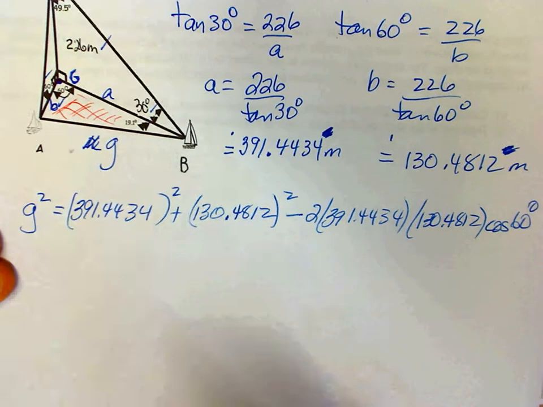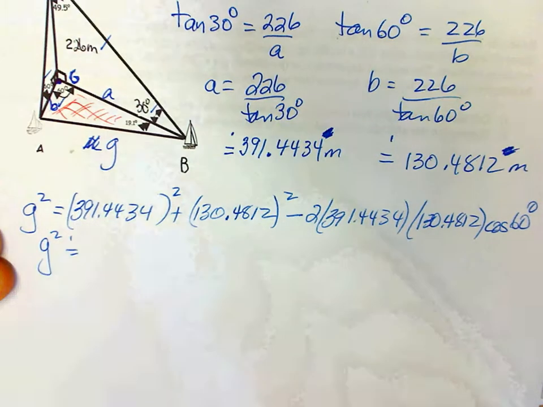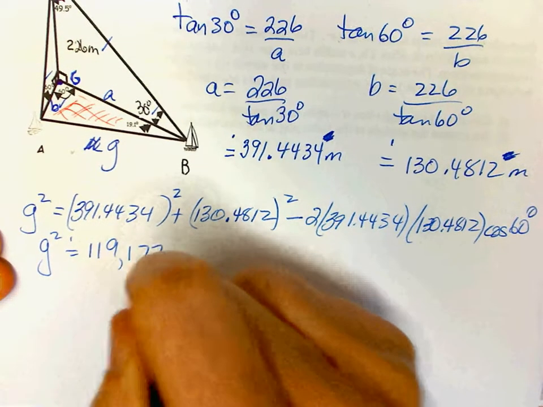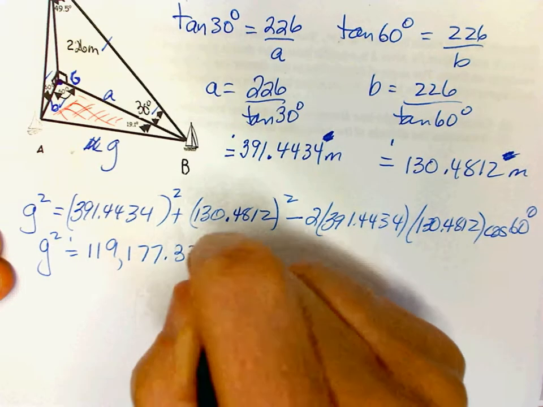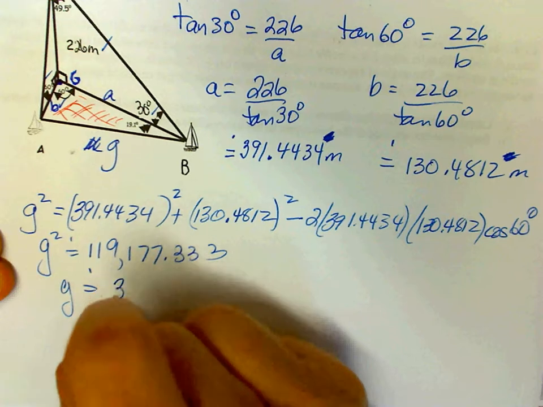And G squared is approximately equal to 119,177.333. G is approximately, take the square root of that, 345.2.